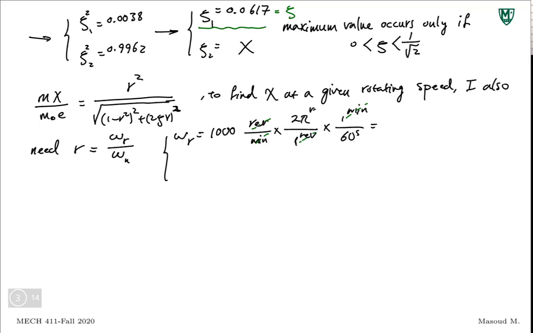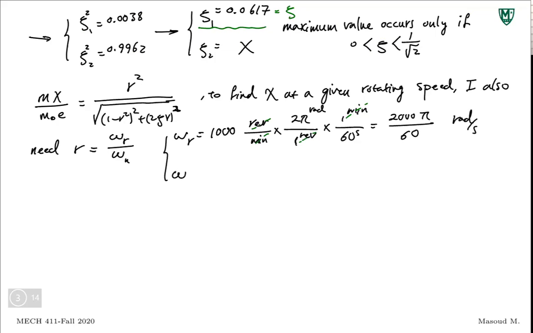This is radian. So 1000 times 2 pi divided by 60. Hopefully I did it somewhere. I did not do that. So I'll just write it that way. Let's see, 2000 pi divided by 60. That would be radians per second, whatever number that gives.